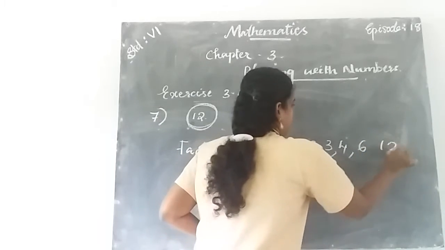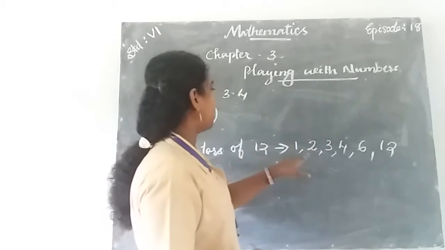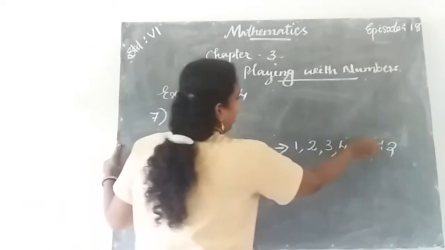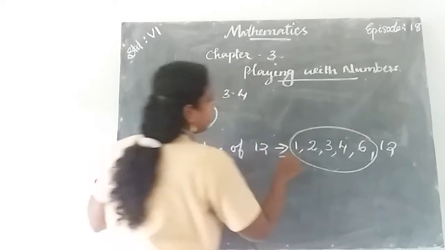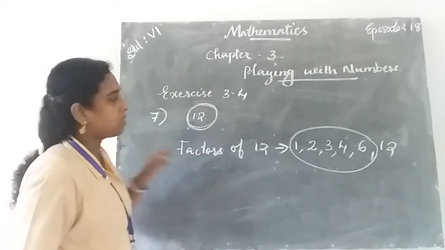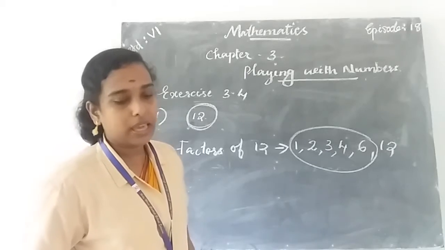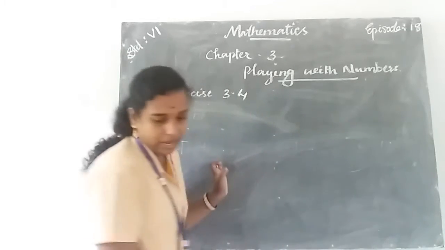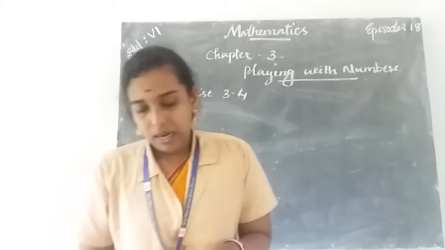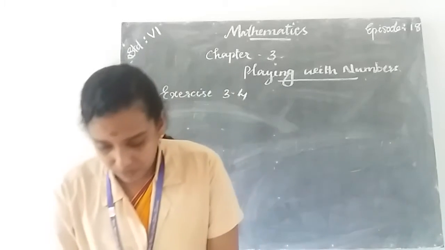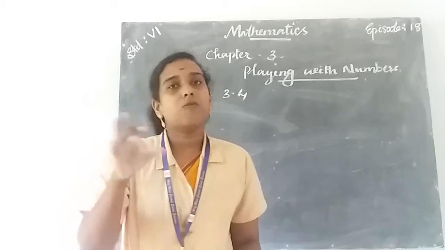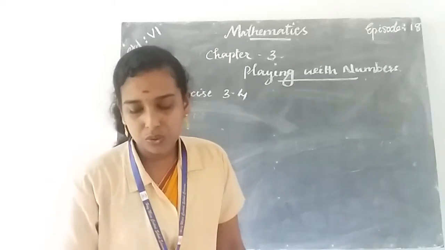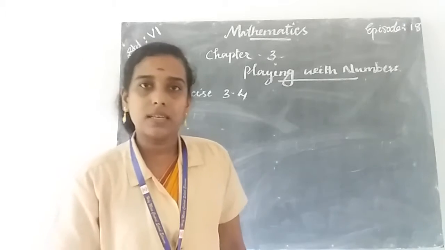So these are the factors of 12, and the number is also divisible by the other factors of 12, that means 1, 2, 3, 4, 6. The answer to question number 7: the number which is divisible by 12 will also be divisible by its factors. The factors of 12 are 1, 2, 3, 4, 6 and 12.